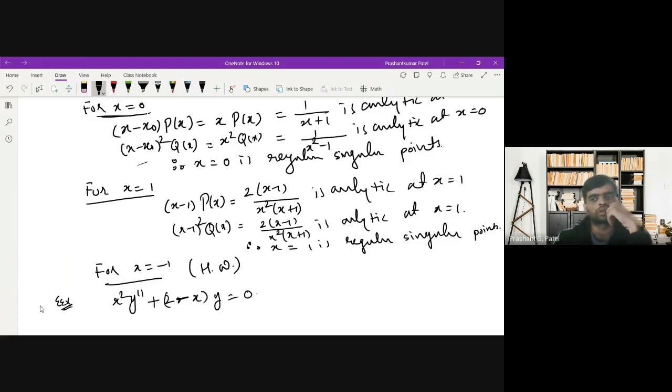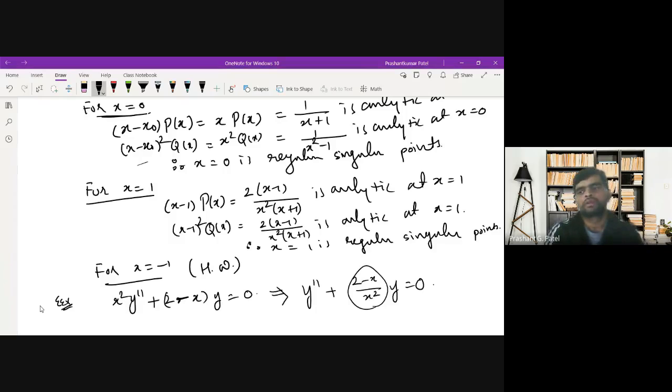So try to solve for what is the regular singular point for this. This I can write down as y double dash plus 2 minus x upon x square y equal to 0. I think this is also an easy example. Here p of x is 0 and q of x is 2 minus x upon x square.